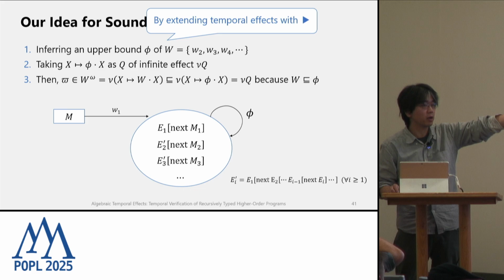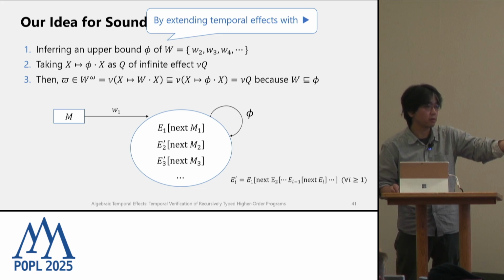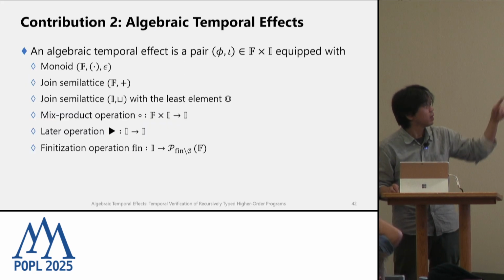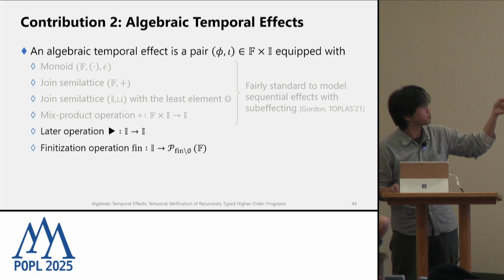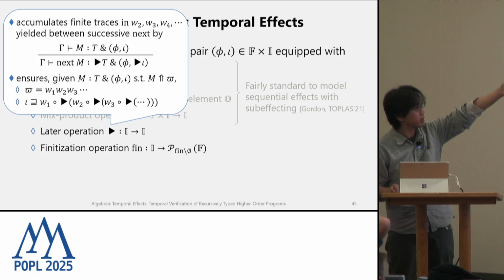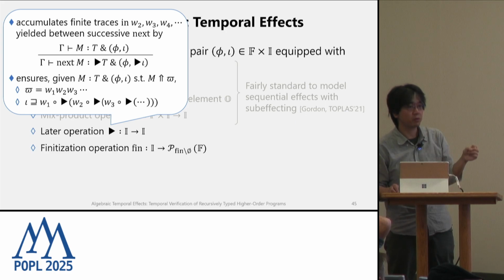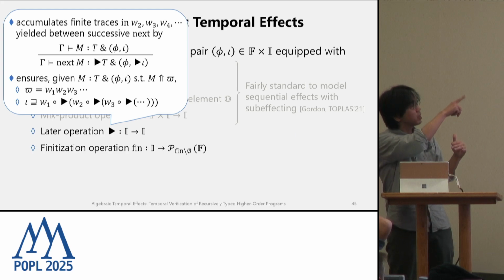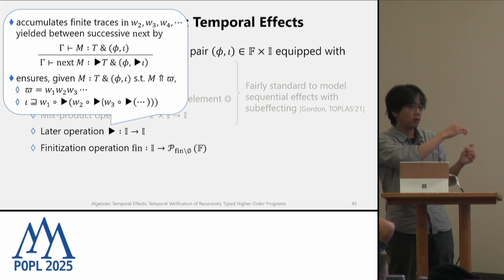And the evaluation of M1 gives next M2, and then M2 is evaluated, and so on. Then, by assuming that the later operation is applied to the infinite effect of the next argument M, if this program diverges, every piece of information about the infinite behavior must be accumulated.